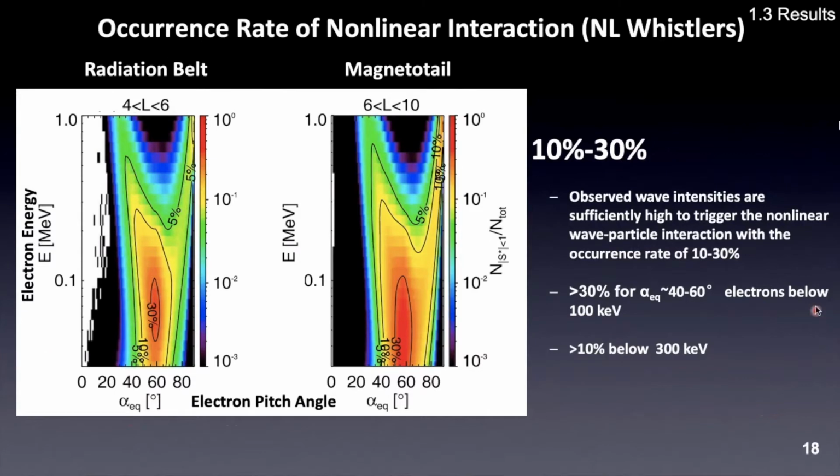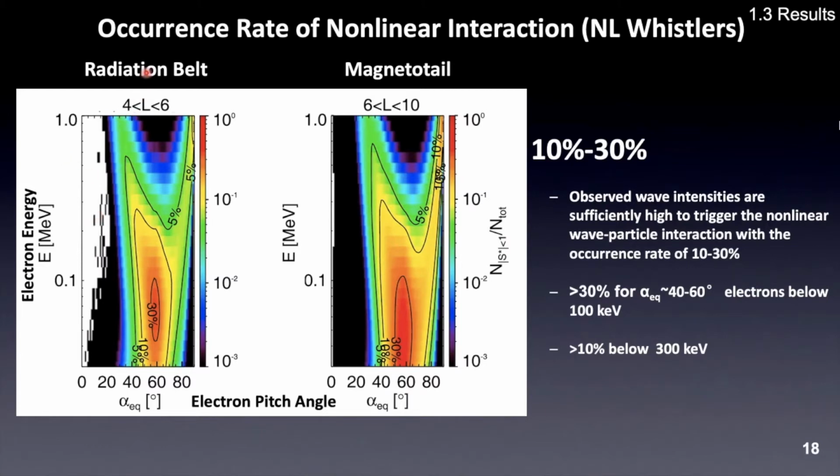What's this plot? The color code is what we are after. It is the occurrence rate of nonlinear whistler waves with respect to all the whistler waves in general. The x-axis is the electron pitch angle, and y is the electron energy.